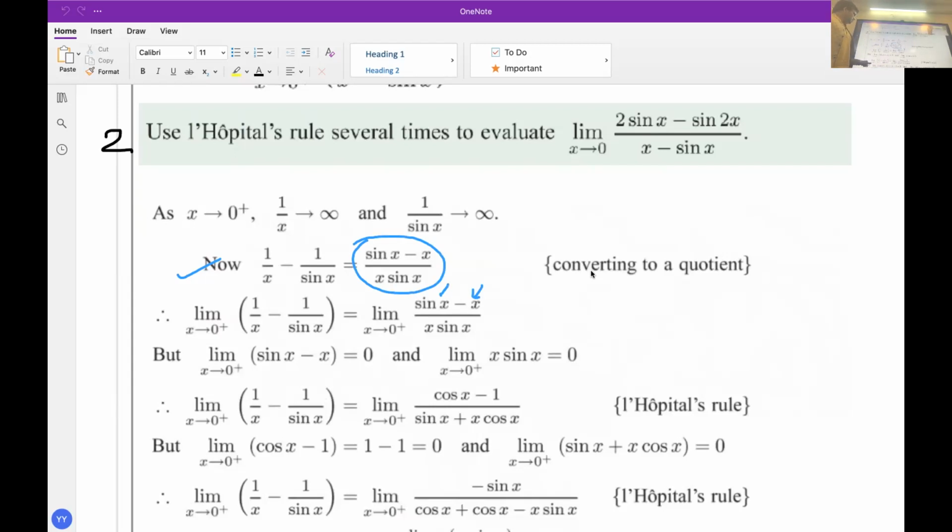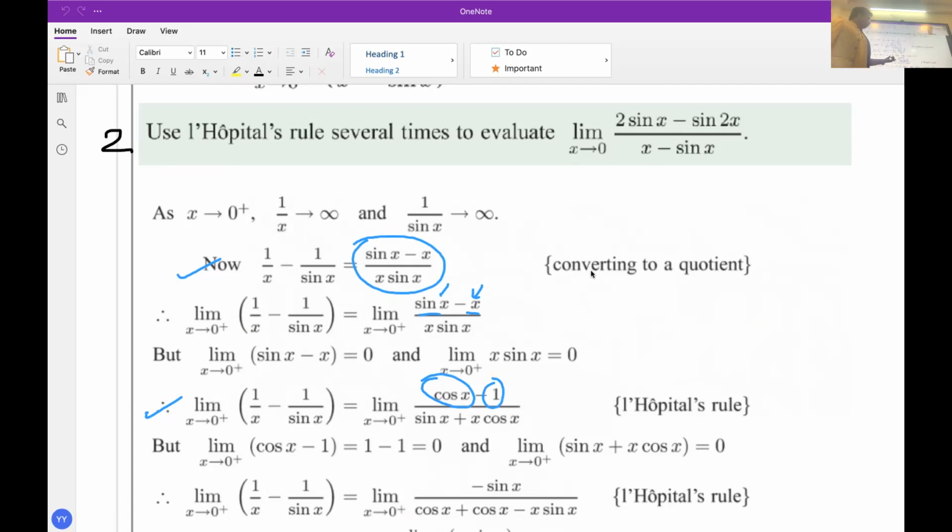You start with the first derivative. The derivative of sin x is cos x, minus the derivative of x which is 1, upon sin x plus x cos x. Once again, cos 0 is 1, minus 1, which is 0, so you get 0 by 0 itself.